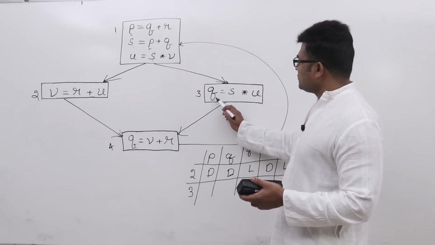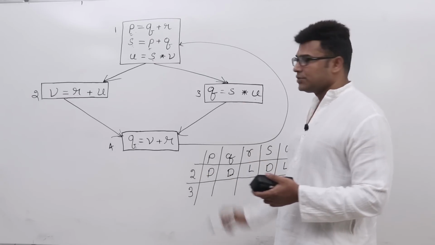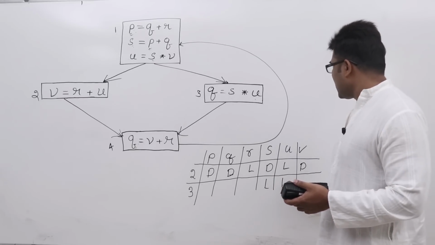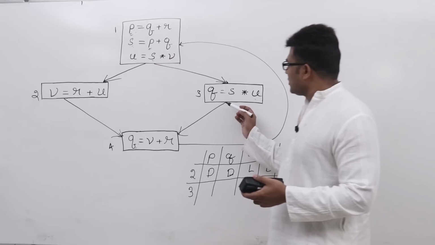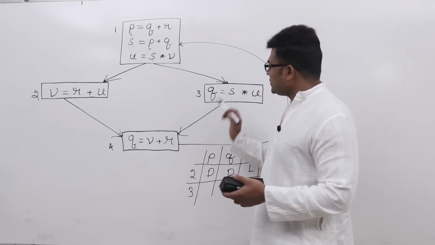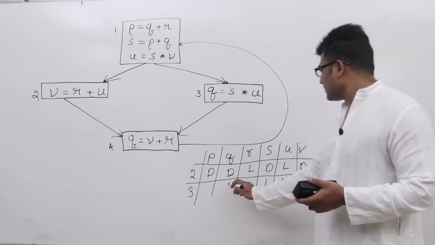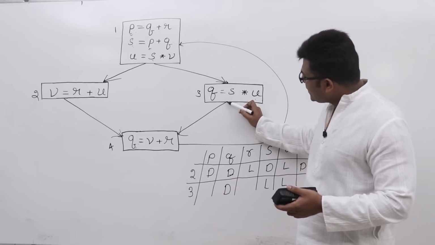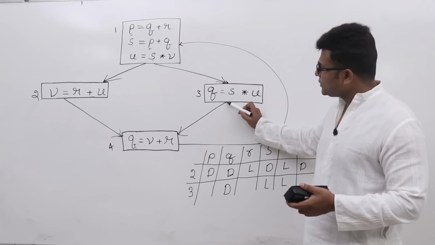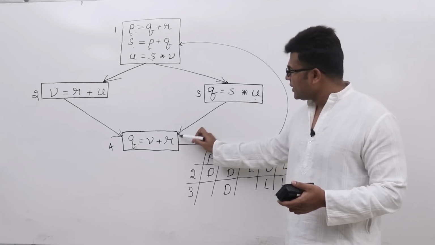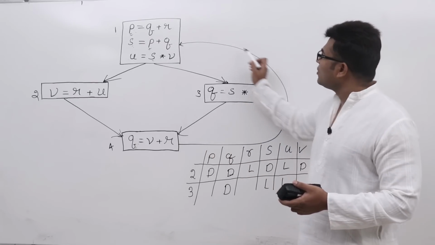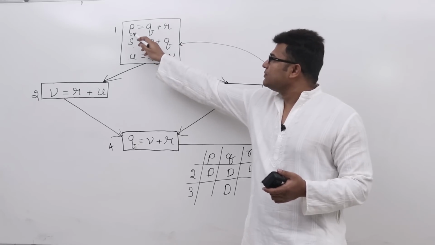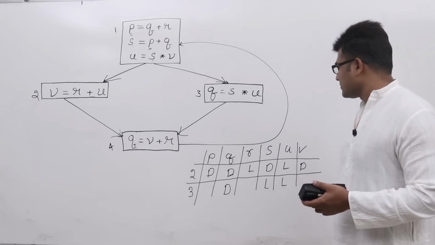In 3, S and U are used, therefore they are live. Now Q is defined, therefore it is dead. What about P? From here, can we get to any usage of P before definition? We go like this, and before usage, P is defined here, therefore it is dead.